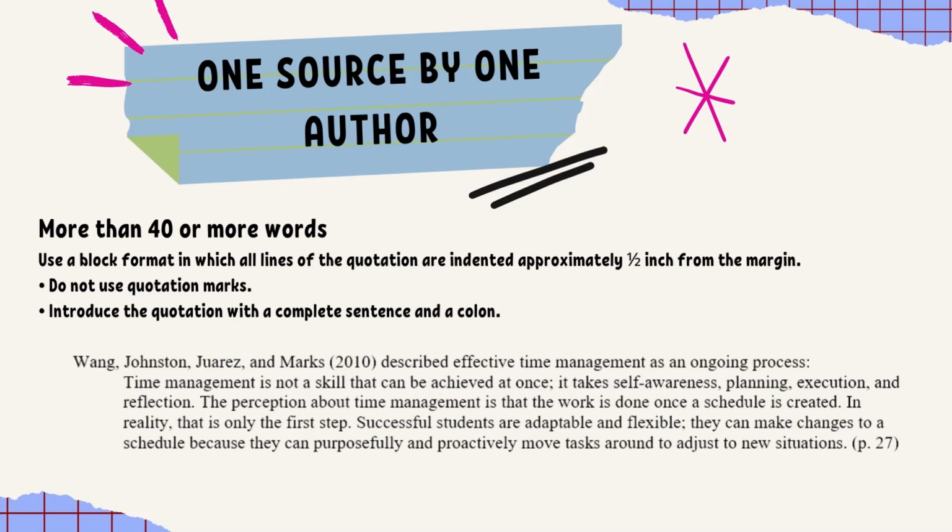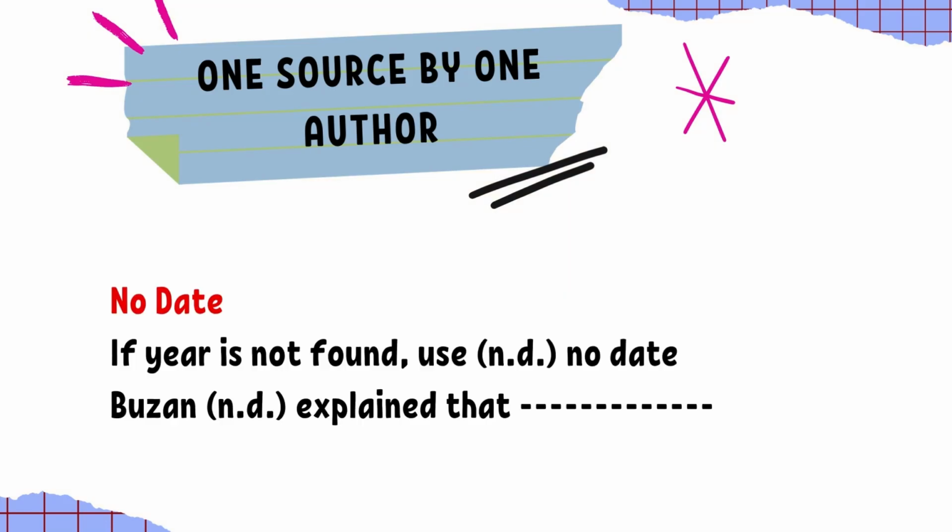Introduce the quotation with a complete sentence and a colon, like this. Always try to write the year, but if the year is not found, use n.d. as a note for no date instead of leaving a blank space, like that.